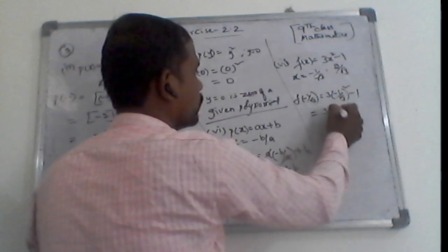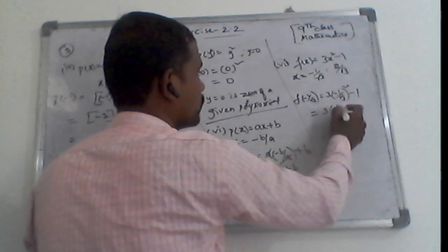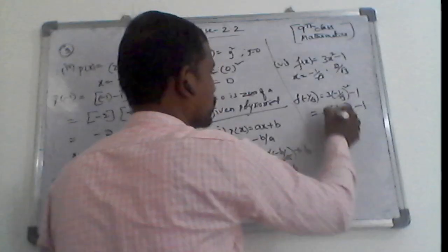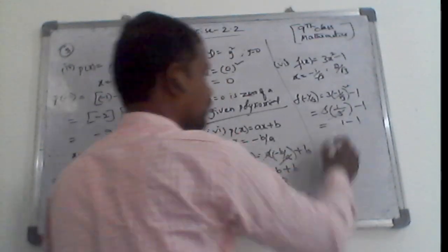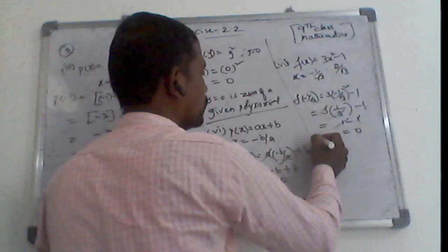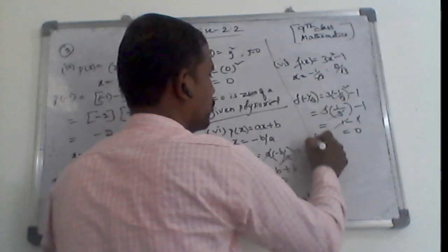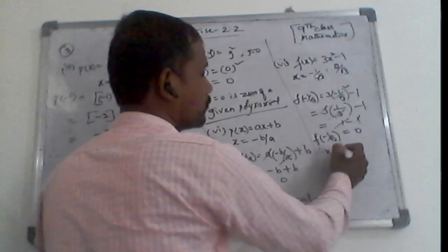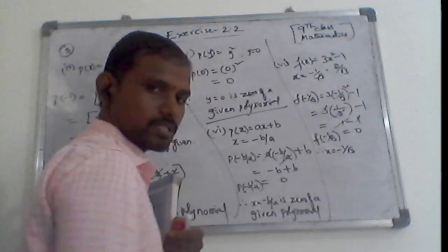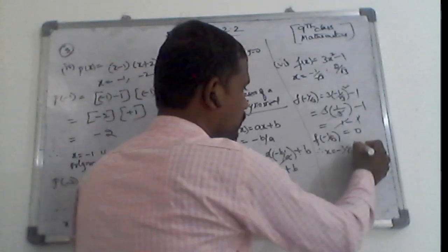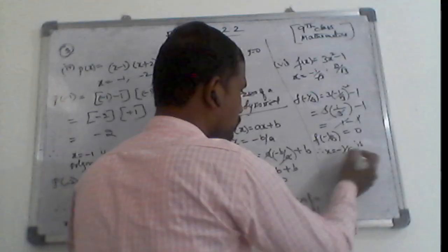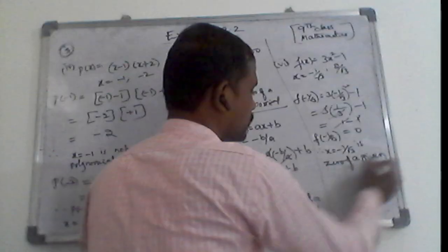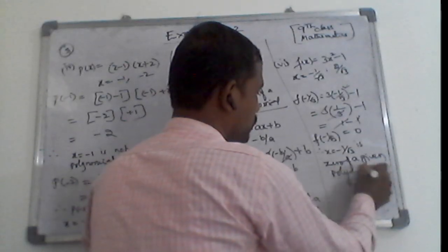The square root and square cancel, so 3 into 1 by 3 minus 1. The 3s cancel, 1 minus 1 is 0. So f of minus 1 by root 3 equals 0. Therefore, x equal to minus 1 by root 3 is a zero of the given polynomial.